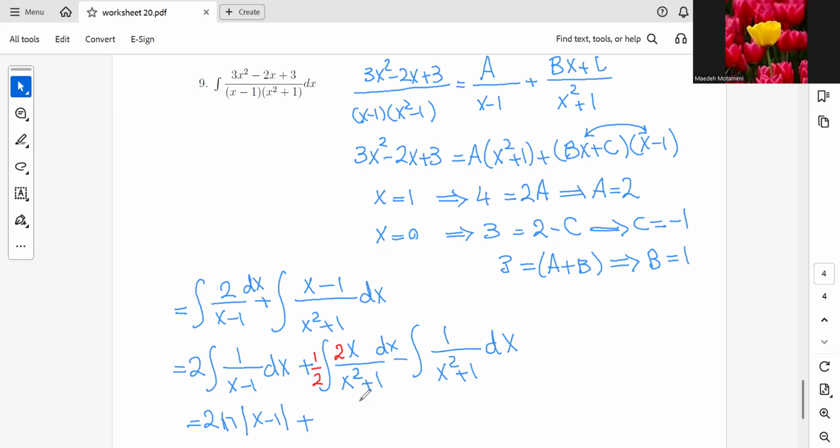Using this, we are going to have 1 over 2 ln of absolute value of x squared plus 1, which is always positive here. And the next one will be minus tan inverse of x, because we have this one in the table, plus c as always.